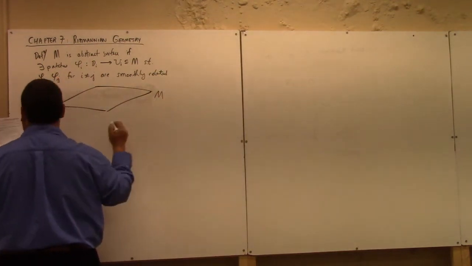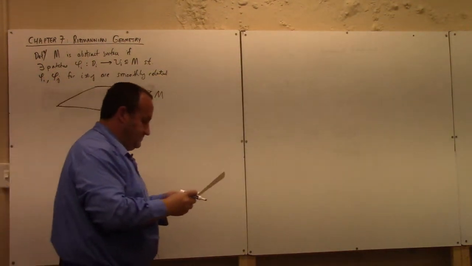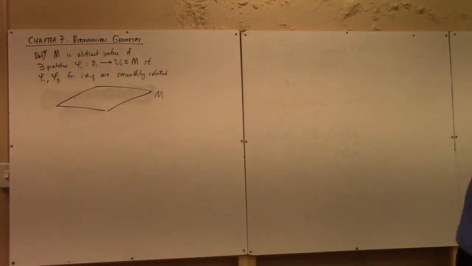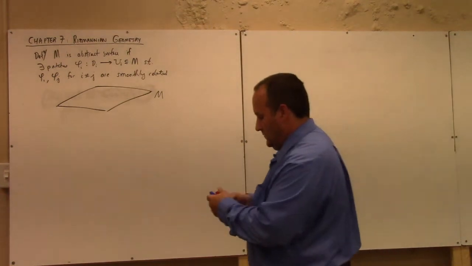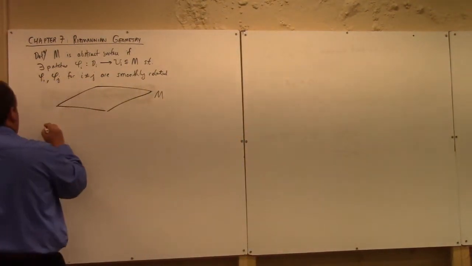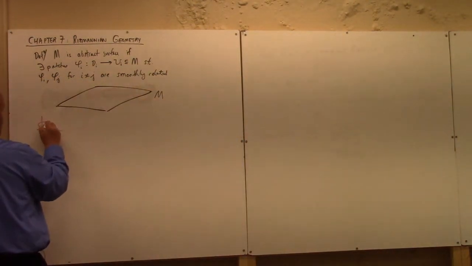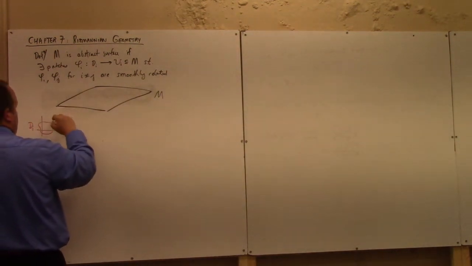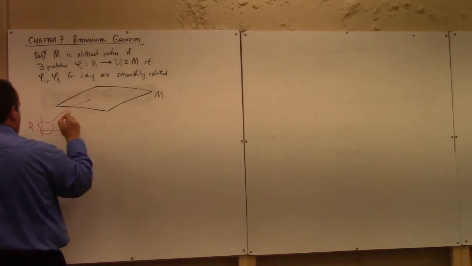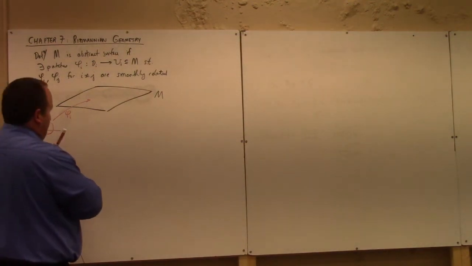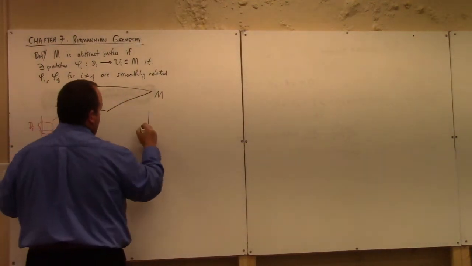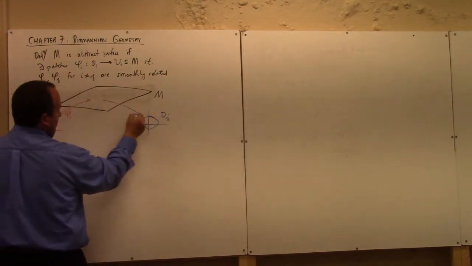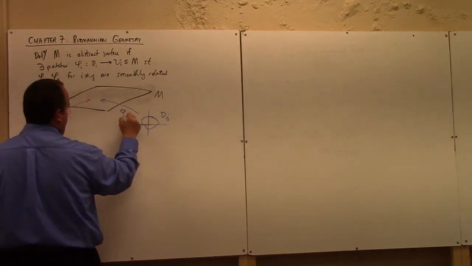here's my M, right? So over here I might have D I, and I got phi I. And over here I have D j, and this is phi j, right?